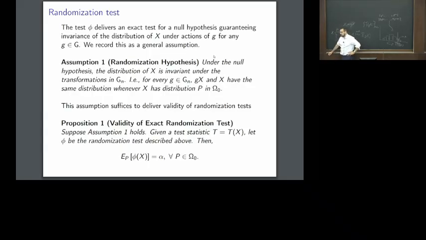So for every G in my group action, T of X has the same distribution as T of GX. In fact, this is stronger. So fix any G, draw the distribution of this if you draw 5 million of them, draw the distribution of that if you draw 5 million of them, and it's the same distribution. Of course, it would be multidimensional, but you drew those two distributions.